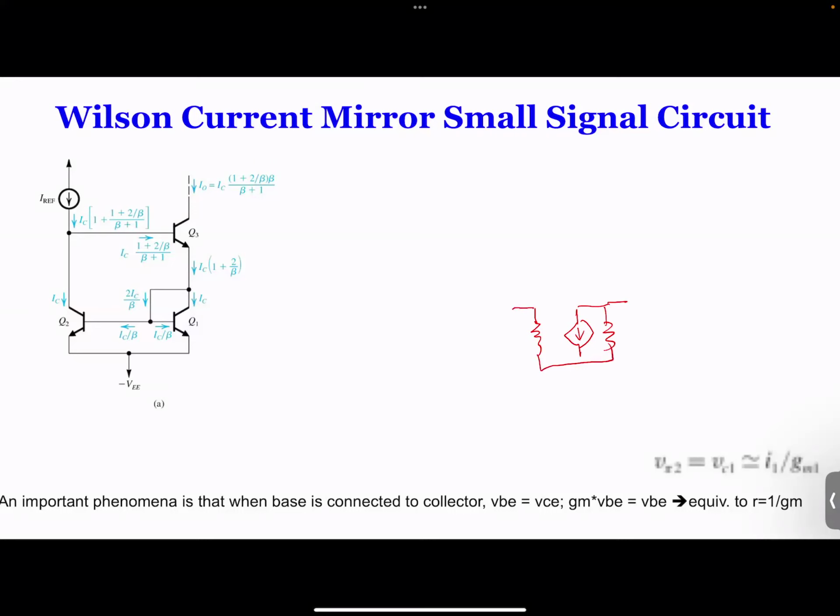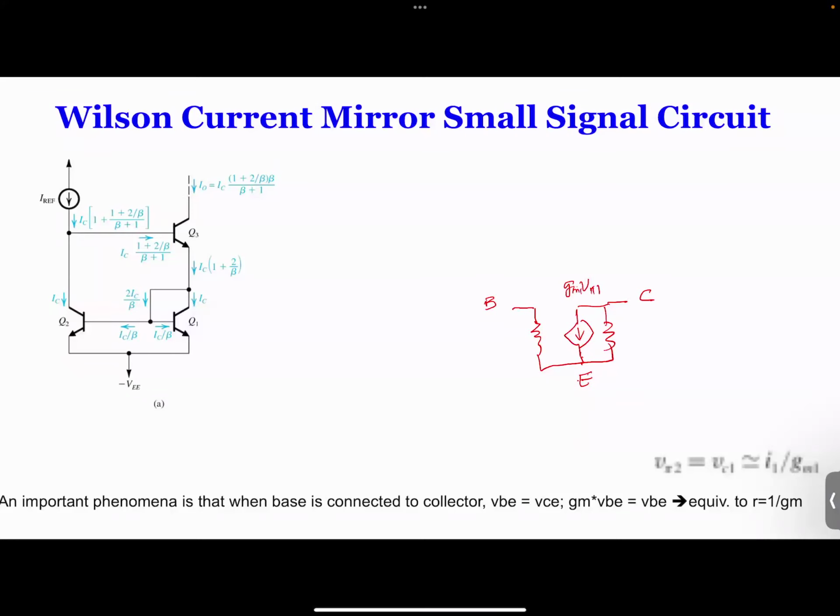Okay, so this is Q1, and we have this emitter, we have this collector, and we have gm1 times V pi 1.